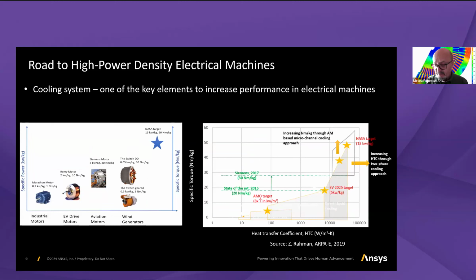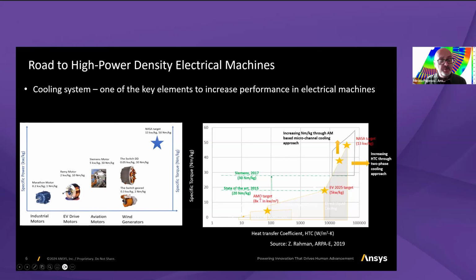What's the status now? How can we increase the power density and the torque density for electrical machines? Here we can see historically how electrical machines have evolved from industrial motors, an induction machine here, where typically the torque density was around 1 Newton meter per kilogram.